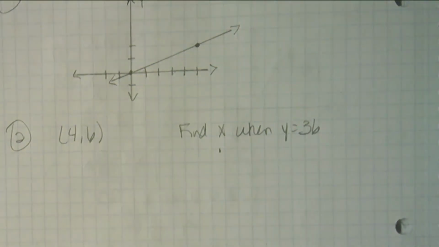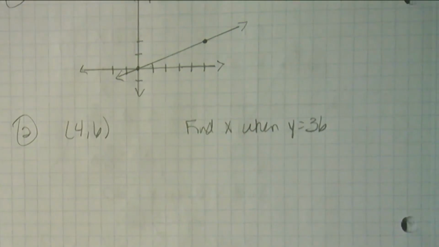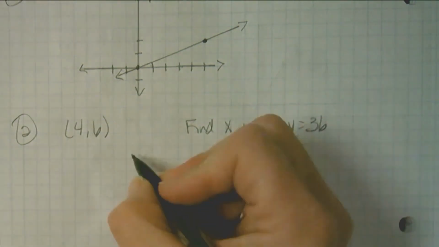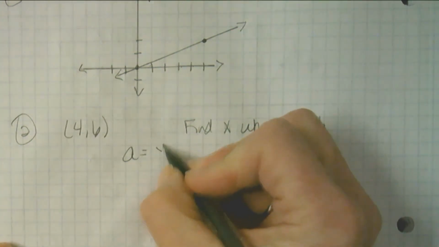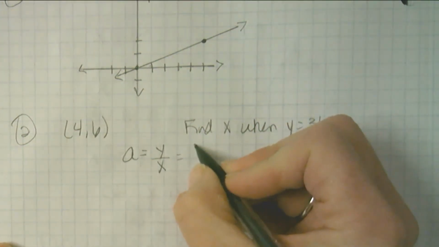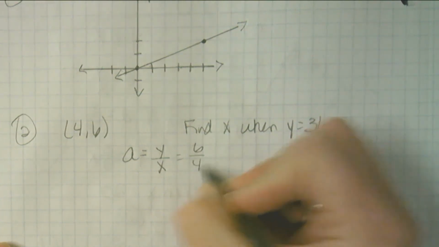And that second one, remember, your A value is what you need to determine to write any direct variation equation. So how do I find my A value? If I'm given a point, how do I find my A value, Natalie? It's y over x. So what's our A value? 6 over 4, and simplify that.